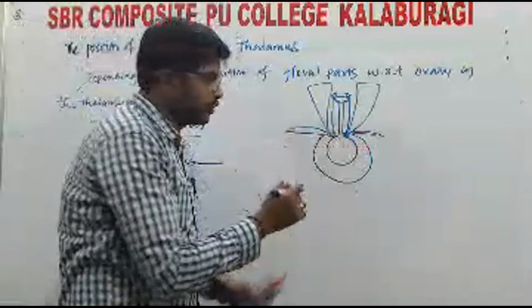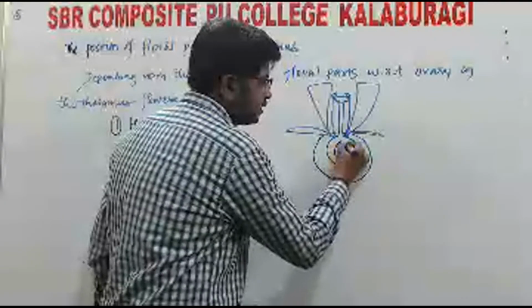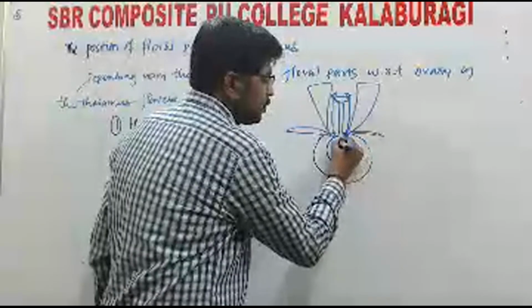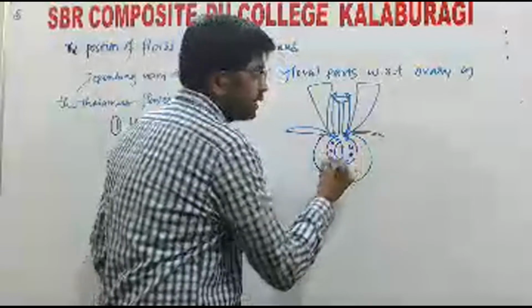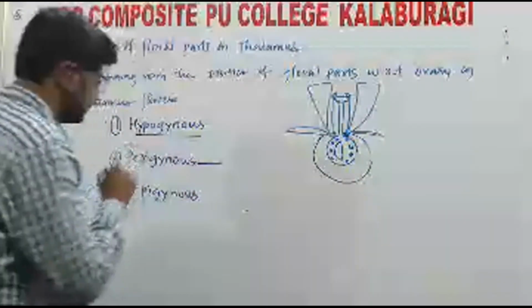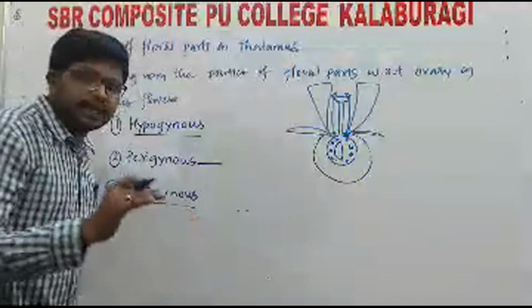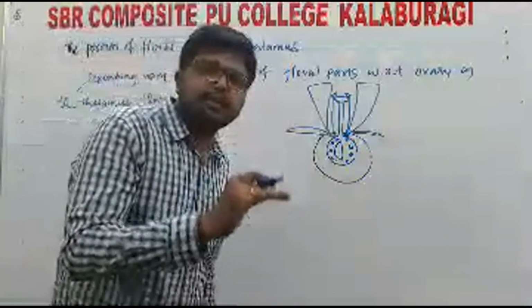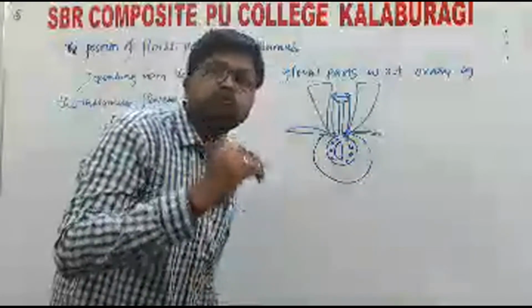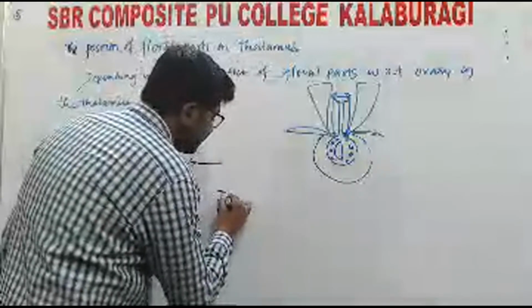Floral parts are above the ovary. Such condition we call the epigynous. Epigynous meaning what? Here the gynoecium is below the floral parts. Here the ovary is said to be inferior.